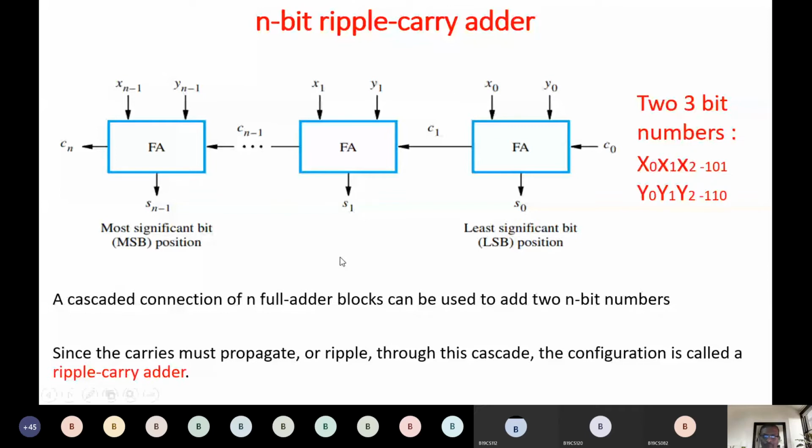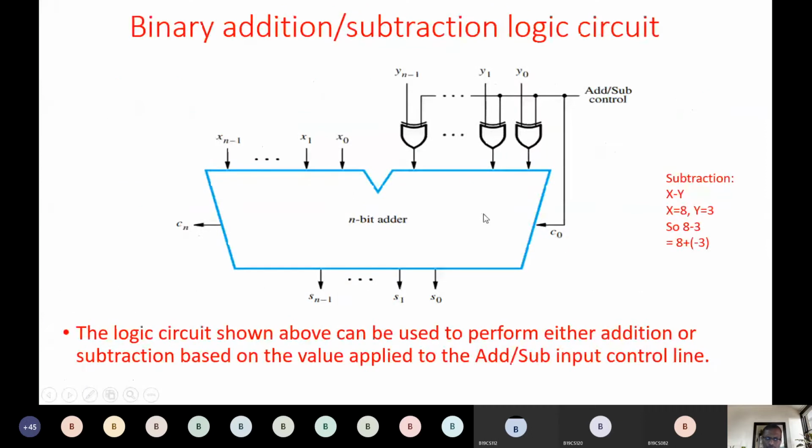To add two 3-bit numbers, we have 3 full adders inside this box, with propagation of carry, and that's why we call it an n-bit adder. But it is represented here with a single box.